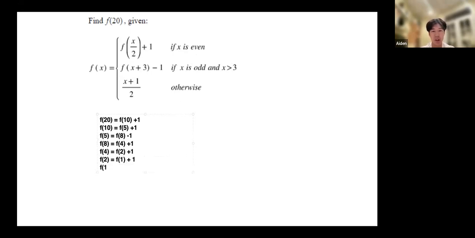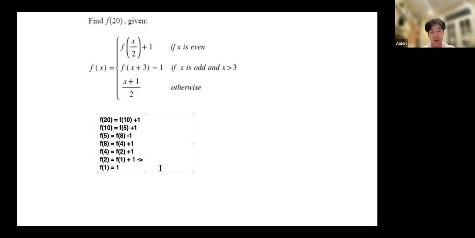So f of 1 is equal to 1, since 1 plus 1 is 2, divided by 2 is 1. Now that we know what f of 1 is, we can work our way back up the ladder.